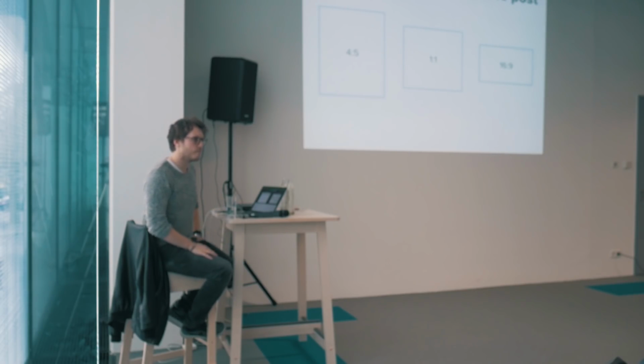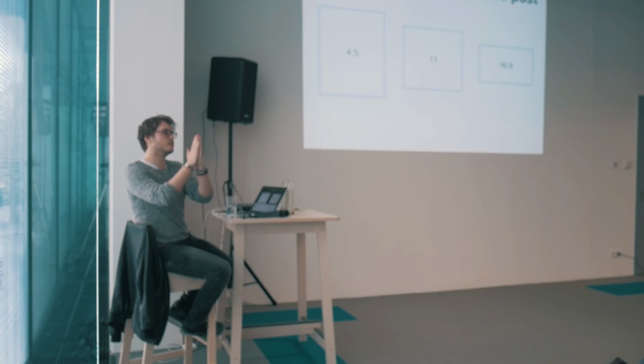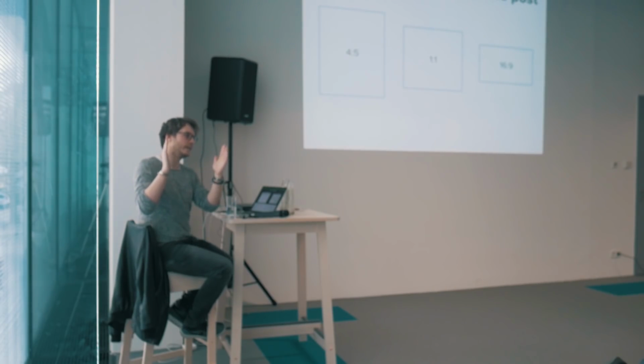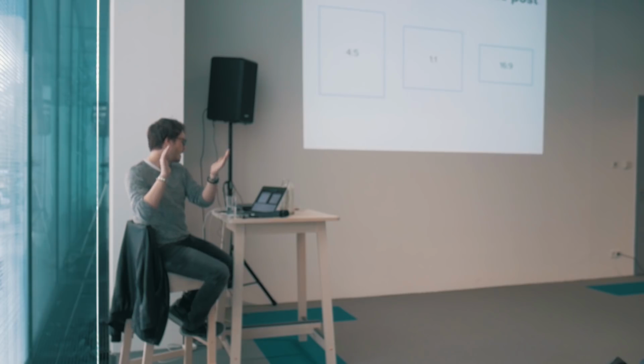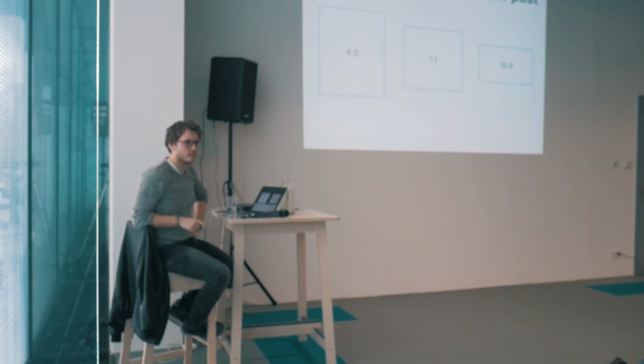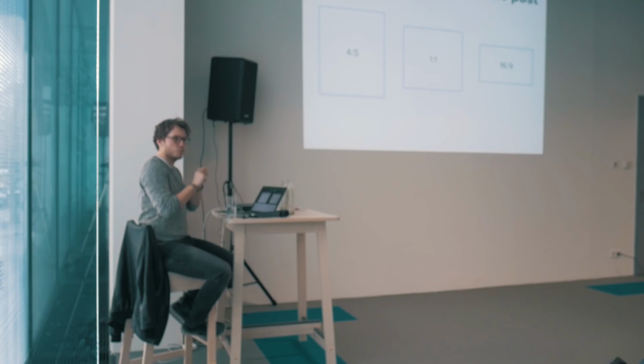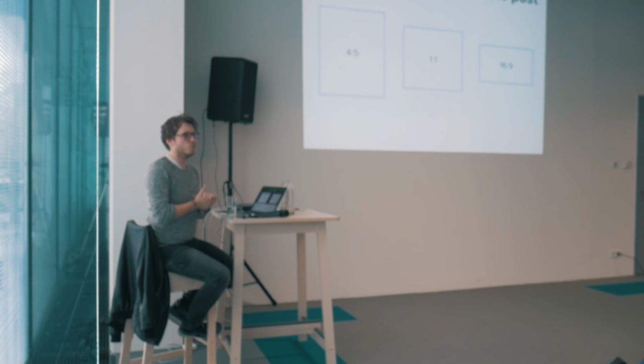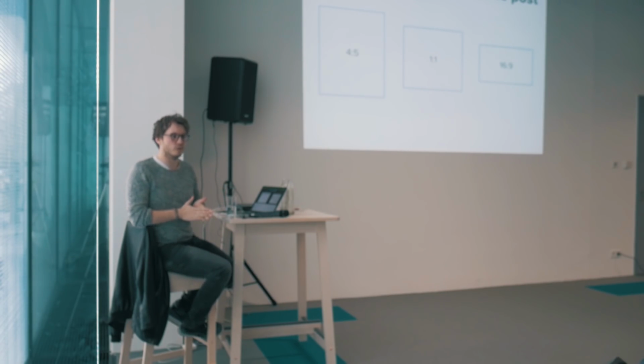But you don't want to do that because it always takes the width, and this is always 1080 on Instagram. Based on that, the 16 by 9 image would be 566 pixels only. So it's really small. It doesn't take a lot of screen real estate. So you don't want to do that, in my opinion.